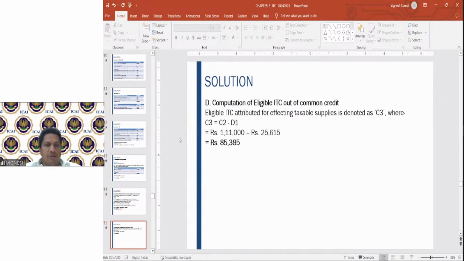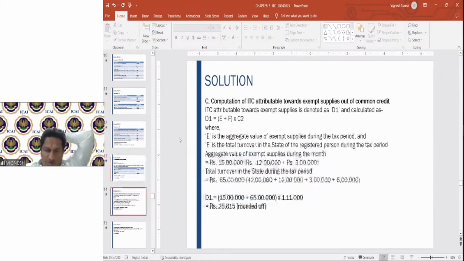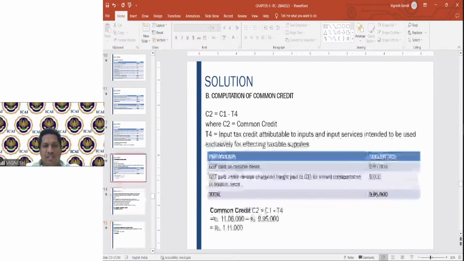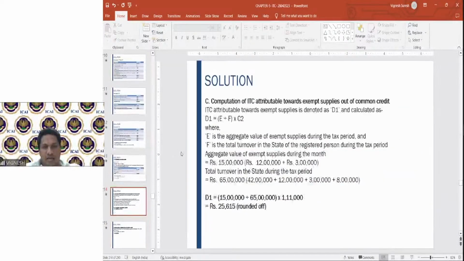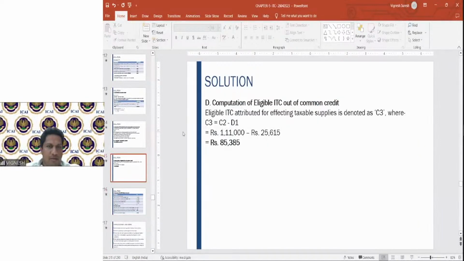Okay, 25,615. Now, how much is eligible input tax credit? You know what is the common input tax credit? 1,11,000. From this, you remove the credit attributable to exempt supply. 1,11,000 minus 25,615 is your eligible input tax credit. So you also cover D of the question. Eligible input tax credit is your 85,385. Okay, I hope this is clear.